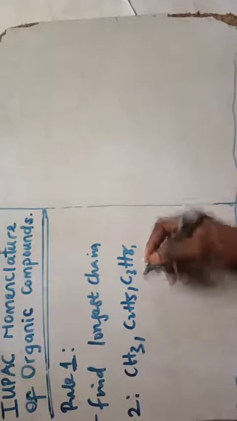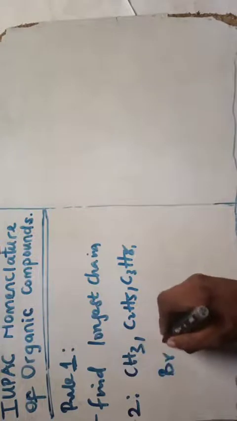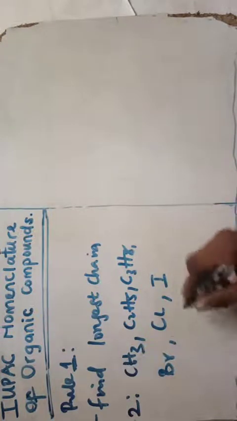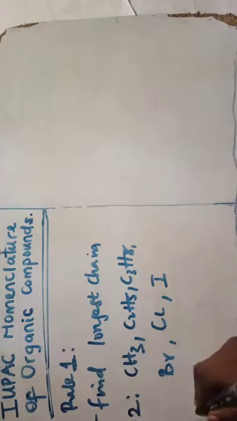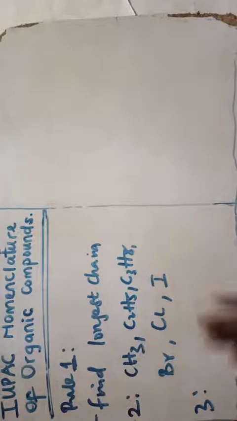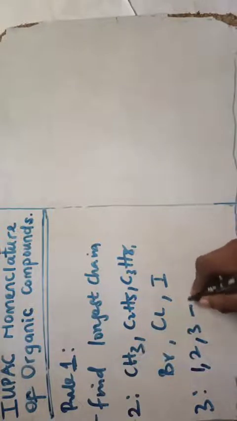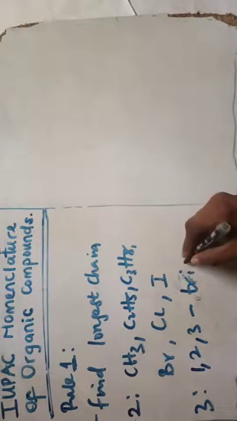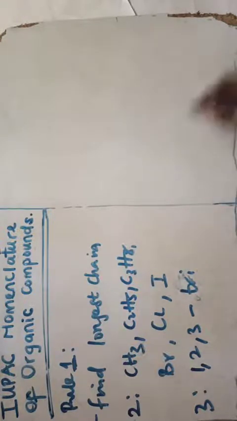Sometimes you can have Br, bromo, chloro, iodo, hydroxy, halogens. Rule 3 is that you specify the position by numbering the carbon atoms along the longest chain. You specify the position of the branch, such as 1, 2, 3, then you can say trimethyl, and you name the compound like that.